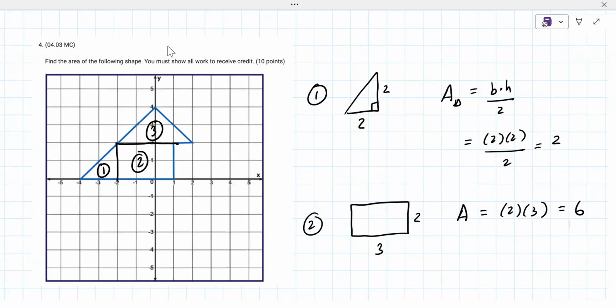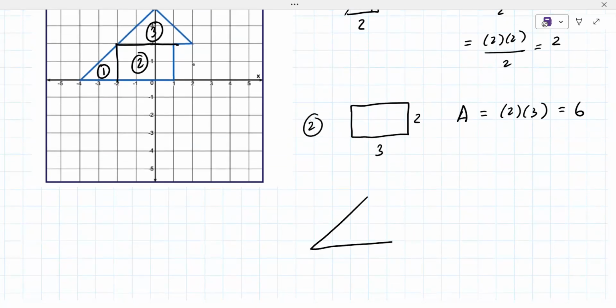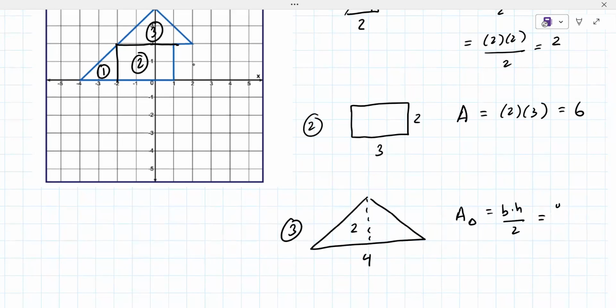And then the last one here, you've got a triangle. The base is 4, the height is 2. The area of a triangle is base times height divided by 2. 4 times 2 divided by 2 is 4.